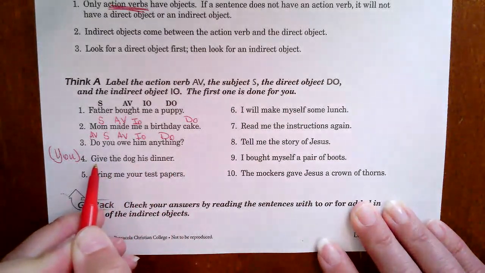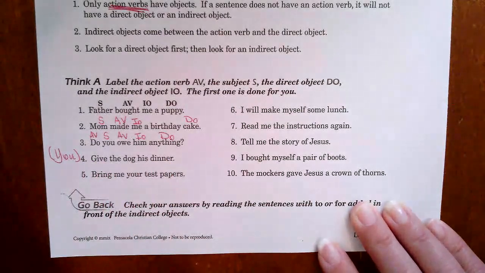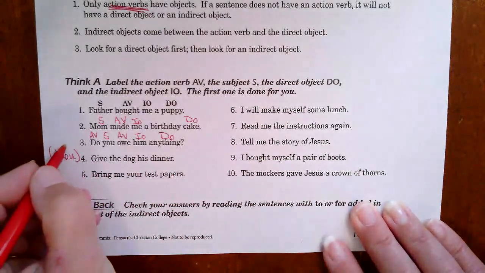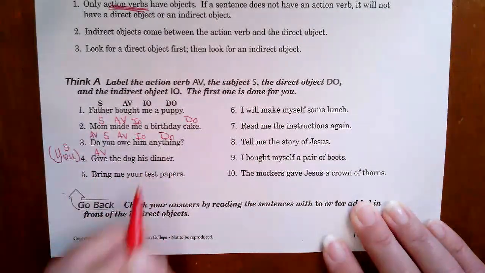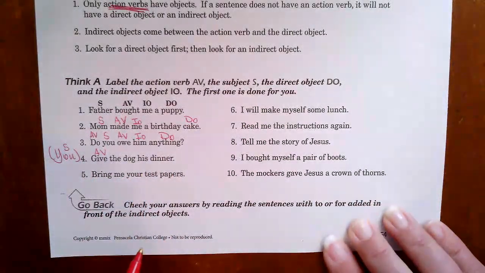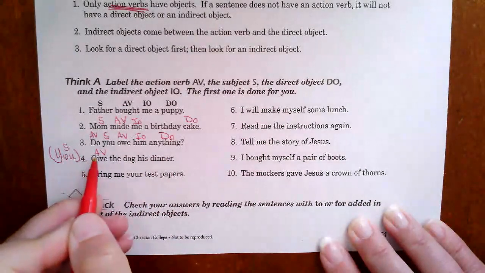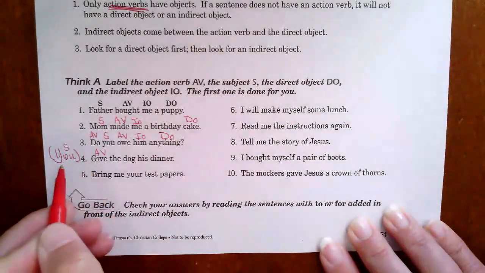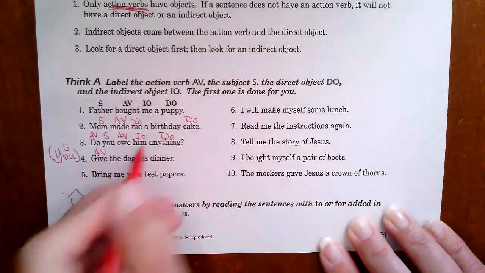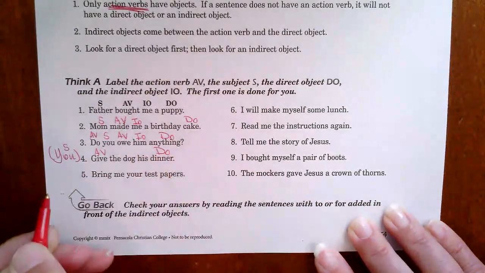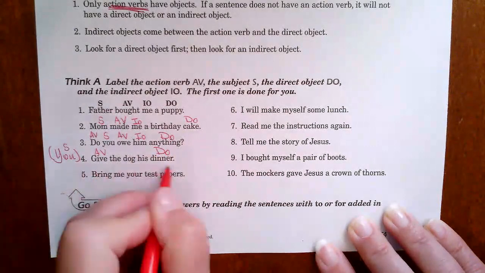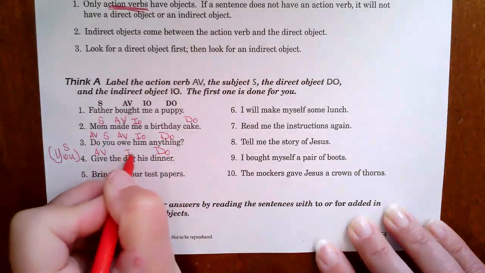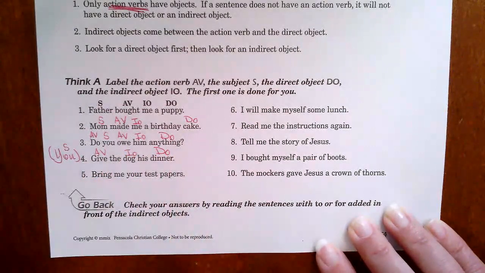There's a good chance that your subject is an understood you, and it is in this sentence. So, you give. Any prepositions? No prepositions. So you give what? You give dinner. You give dinner to what or whom? You give dinner to the dog. So there's your indirect object.